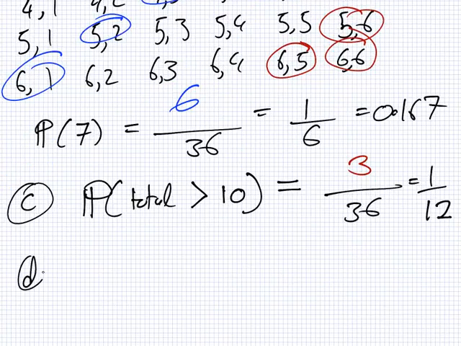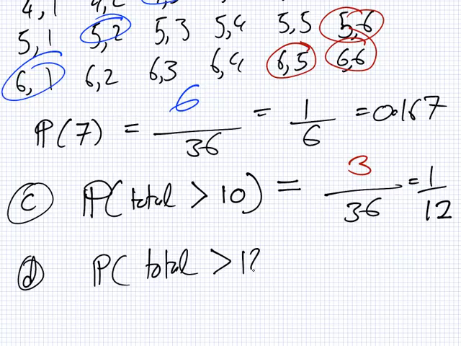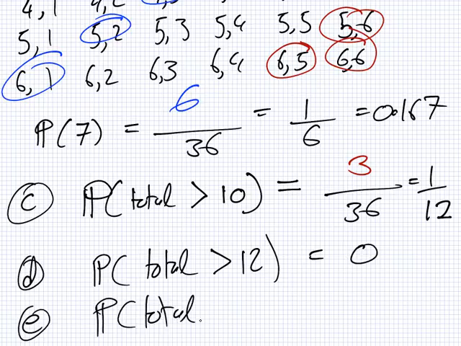D. What's the probability of getting a total more than 12? 0. E. Probability of a total more than 1? 100. 1. 1. 1. Yeah, I was thinking 100%.